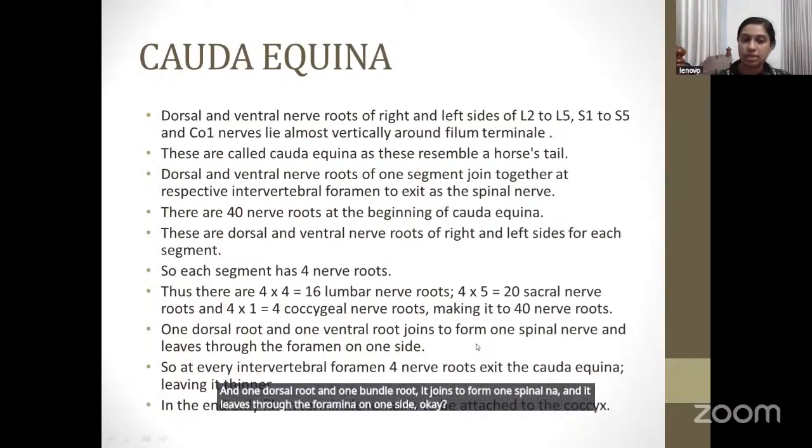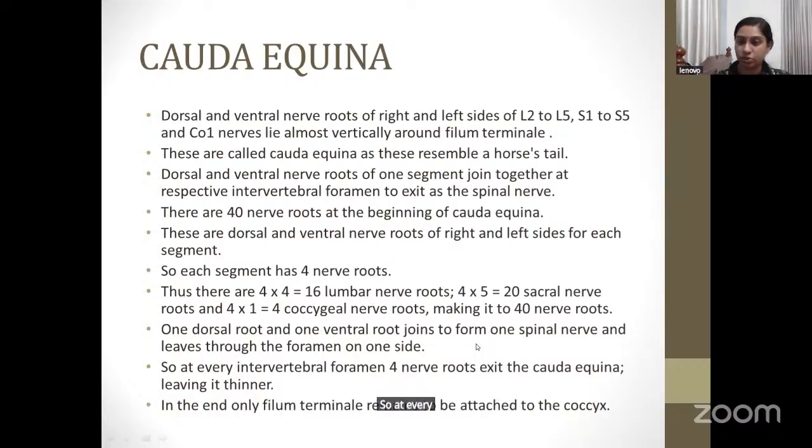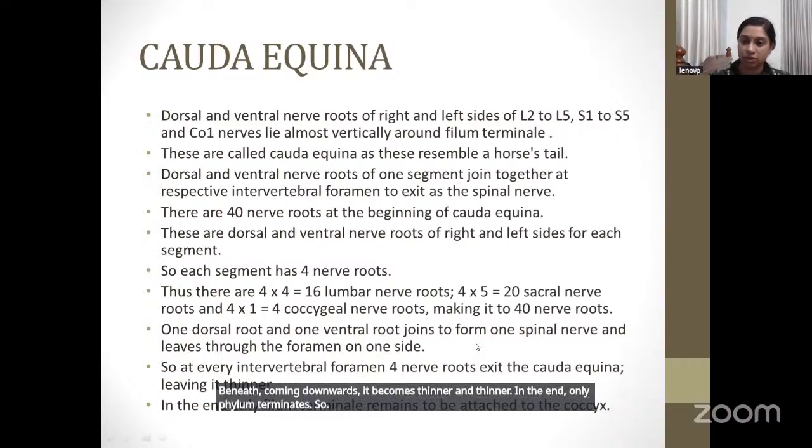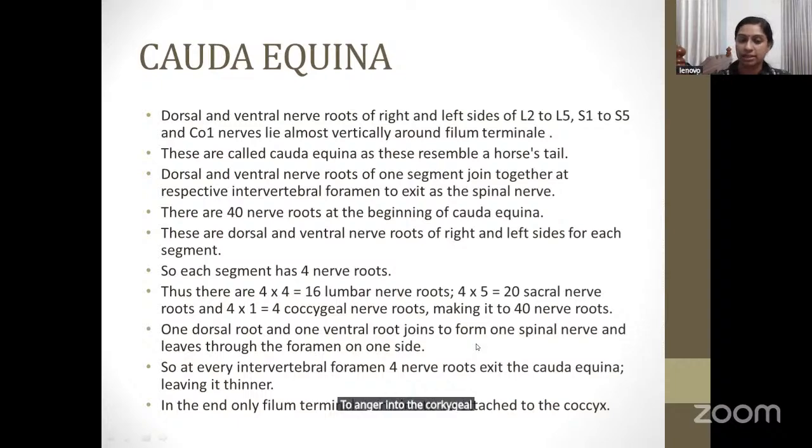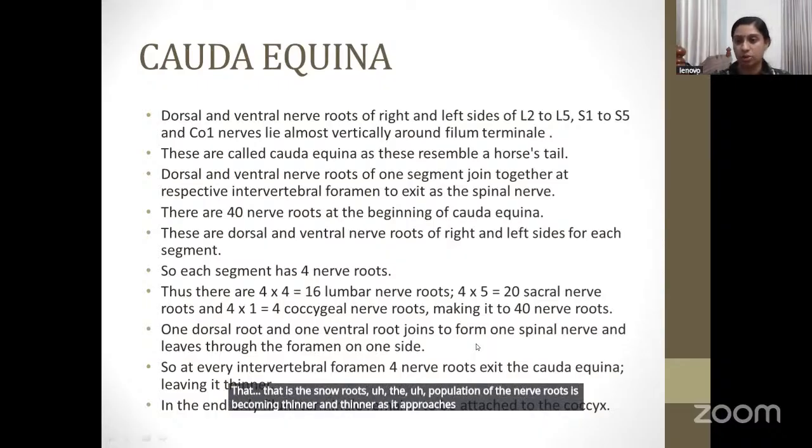So at every intervertebral foramen, nerve roots exit the cauda equina, and coming downwards, it becomes thinner and thinner. In the end, only the filum terminale remains. Even after the nerve root termination, this filum terminale extends to anchor into the coccygeal region. The population of the nerve roots becomes thinner and thinner as it approaches the coccygeal vertebrae.